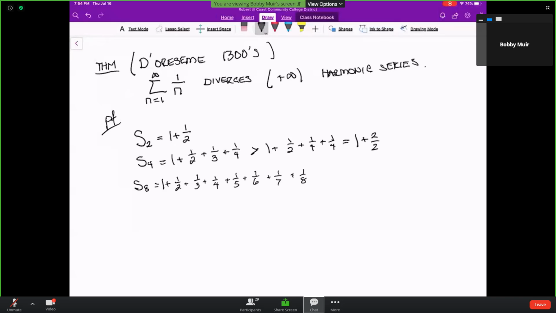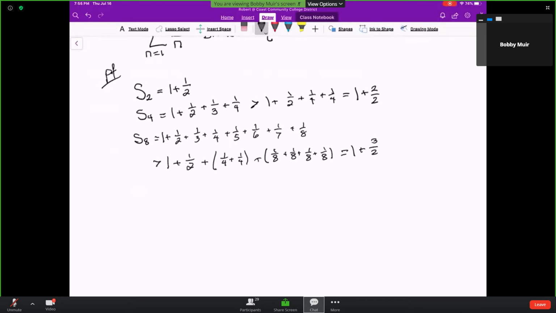And he recognizes this is bigger than 1 plus 1/2 plus 1/4 plus 1/4 plus 4 times 1/8, and he sees that this is equal to 1 plus 3 over 2.